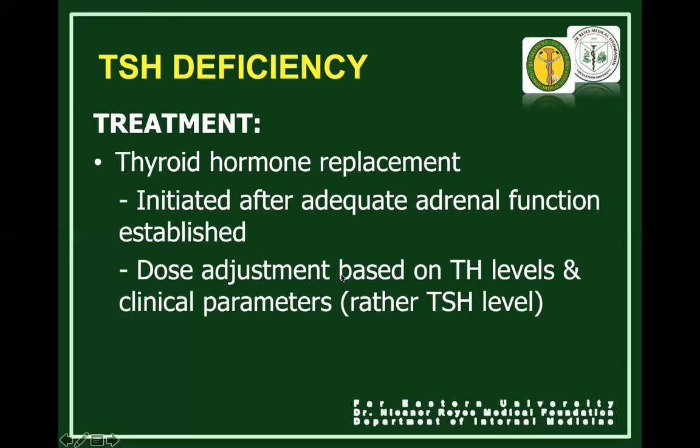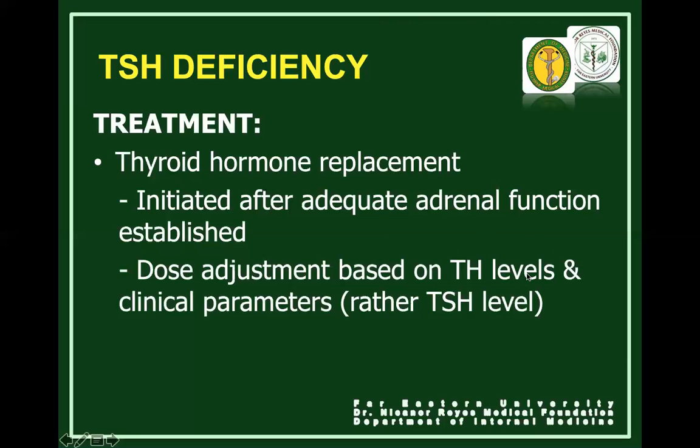So what you have to do is adjust your thyroid hormone replacement, your levothyroxine, to the thyroid hormone level. We usually just measure your free T4. You keep it in the normal range, and you have to ask if the patient is having signs of excess thyroid hormone, like thyrotoxicosis symptoms, or if they are still hypothyroid. So that's how you adjust your thyroxine replacement.